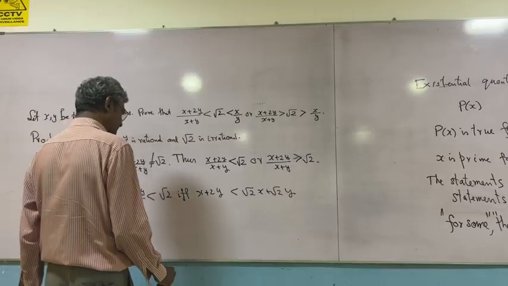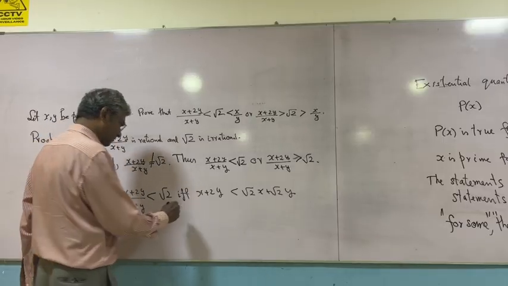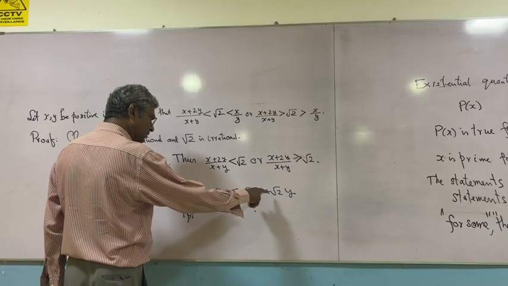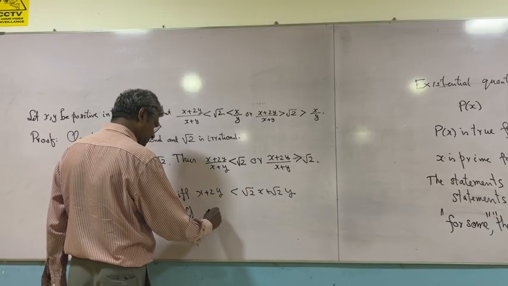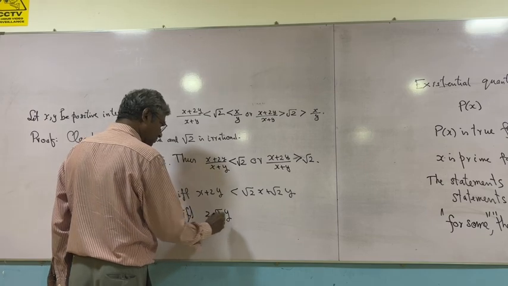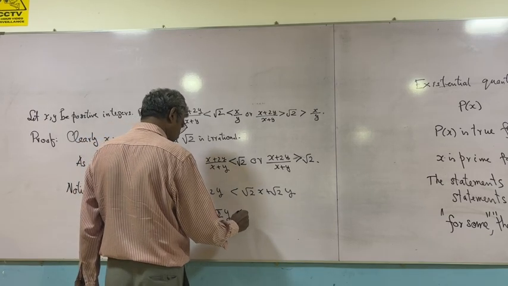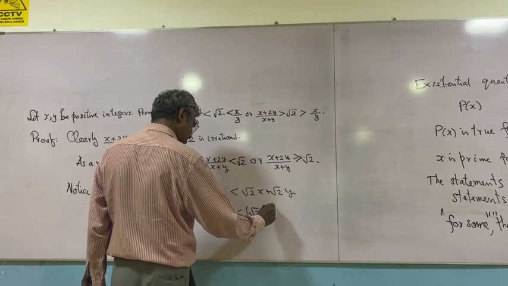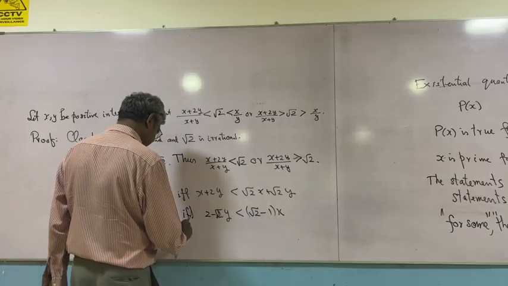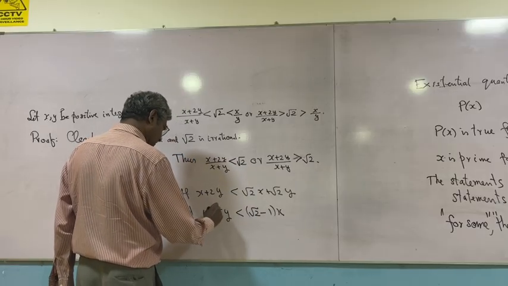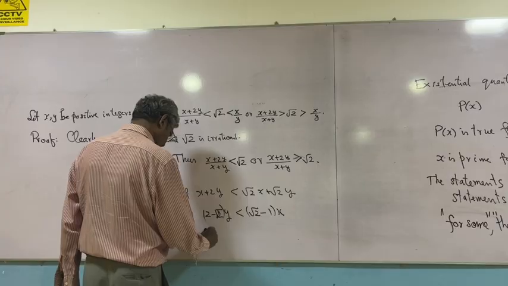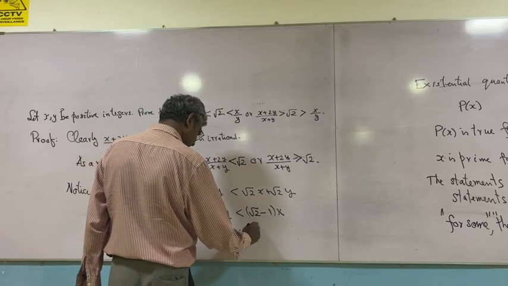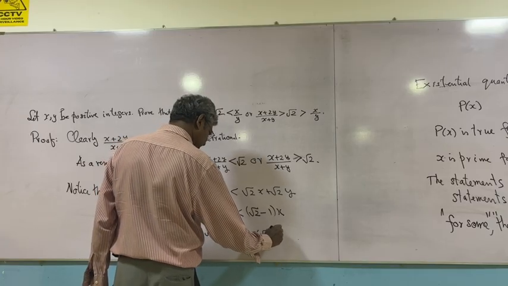Right? If and only if 2y minus root 2 y, that is, 2 minus root 2 times y, is strictly less than root 2 minus 1 times x. Am I right? I don't know. If and only if you pull out root 2, root 2 times root 2 minus 1 times y is less than root 2 minus 1 times x.